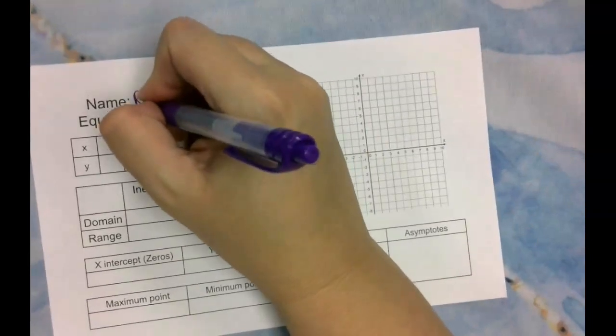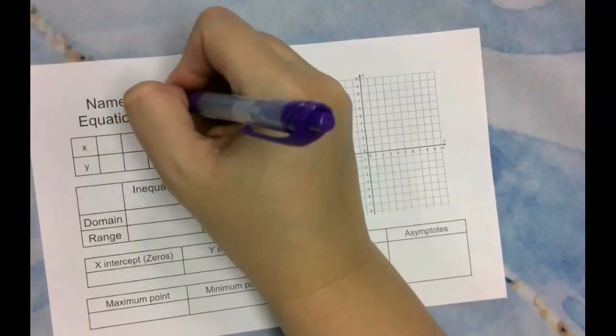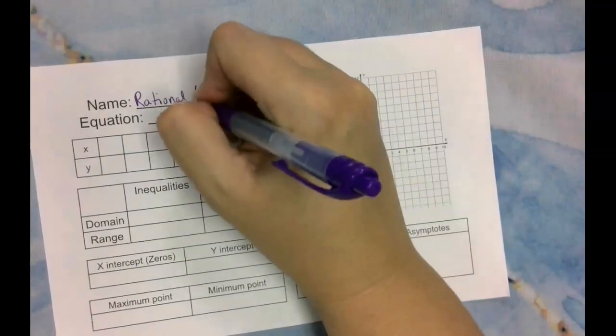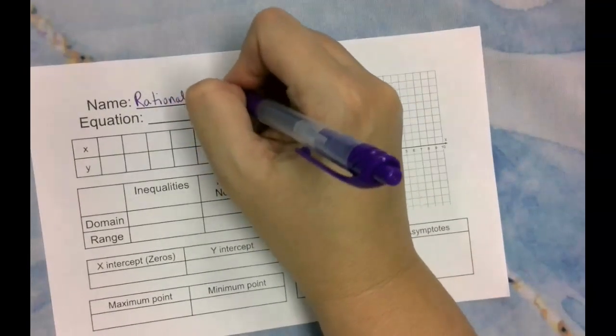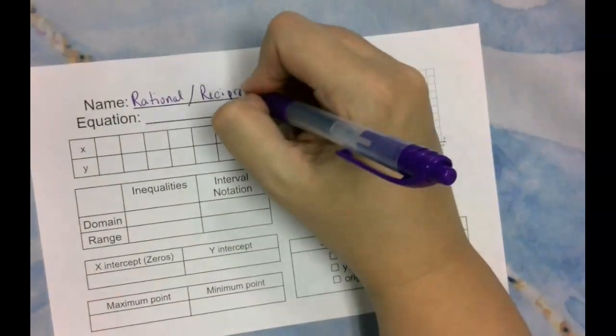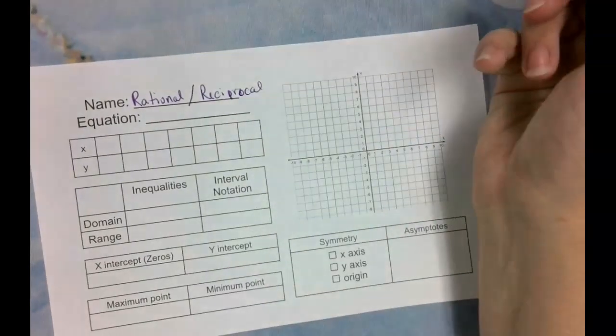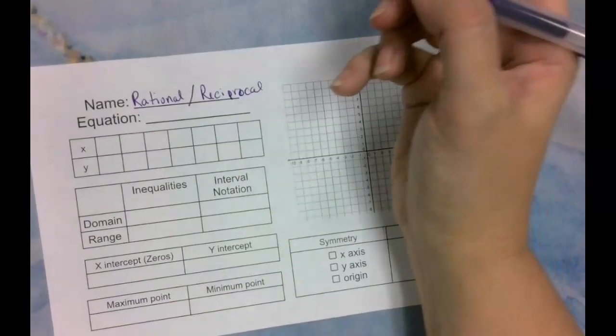All right. And our last one we're going to do today is rational. And this one, sometimes they call it a rational function. And sometimes they call this a reciprocal function. And we think about reciprocals. Remember what reciprocals are?